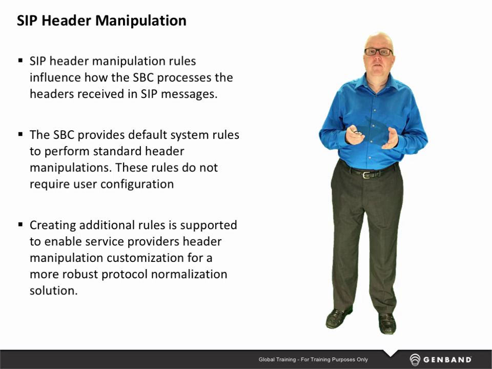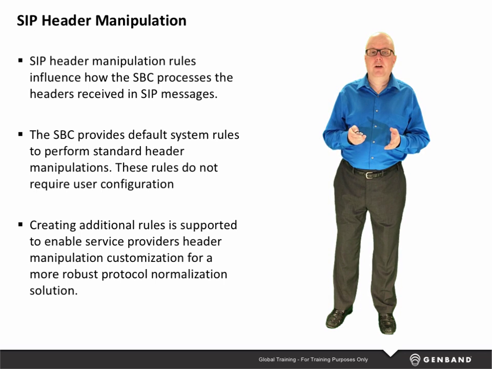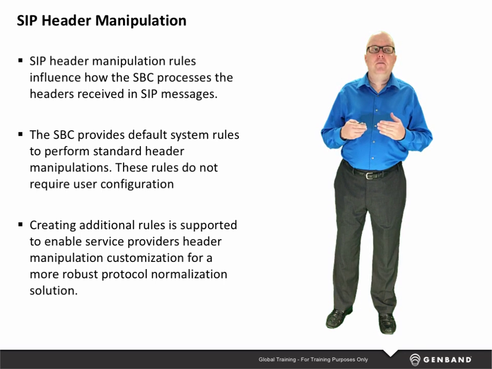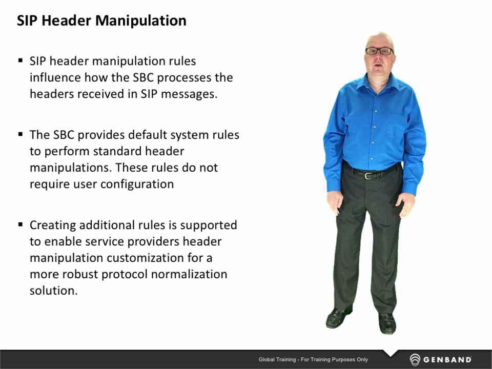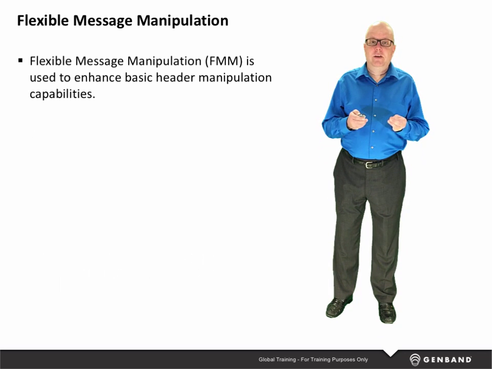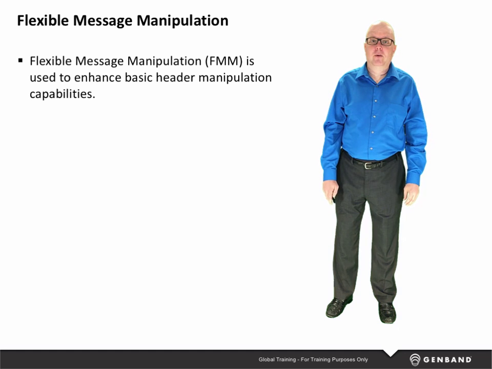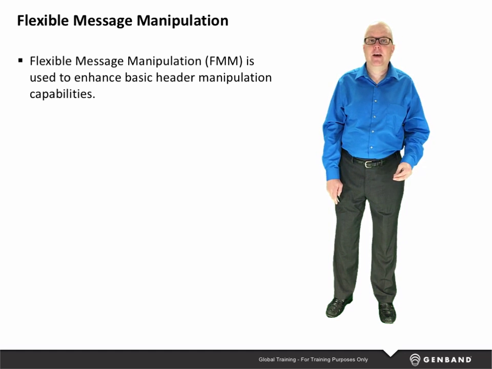Another example of manipulation controls that could be governed by rules: some SIP devices want a SIP 183 ringing, and you can convert that to 180 or a 180 to a 183 as an example. So with the SIP normalization, the header normalization, there's going to be two ways of doing this: enhanced header manipulation and flexible message manipulation.